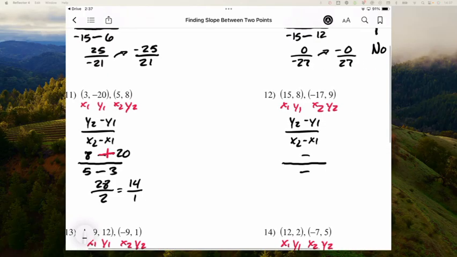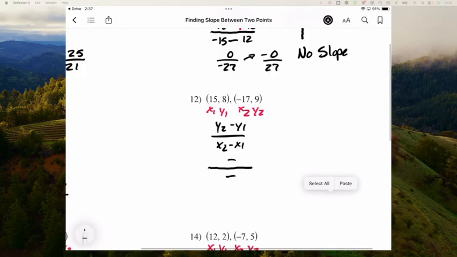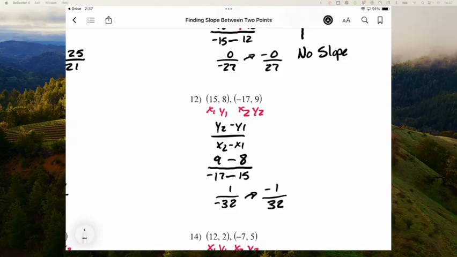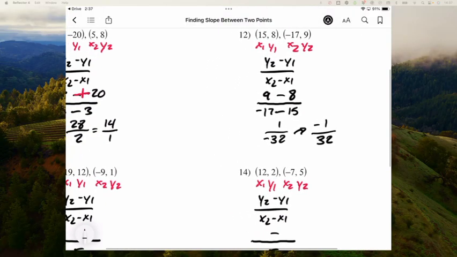Okay. 9 minus 8 over negative 17 minus 15. So 1 over negative 32. We want to fix that. Negative 1 over 32. Our negative values should always be in the numerator of our slope.